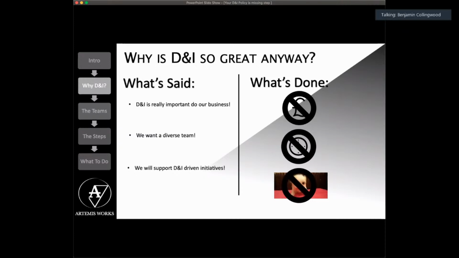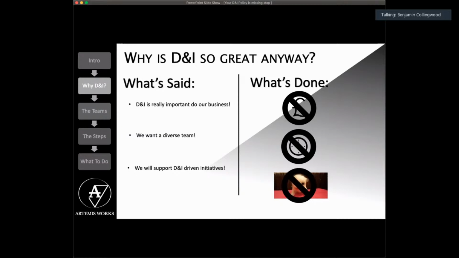So what I started to do is think about 3 or 4 projects where I found this to be the case, and there's a conflict here between the left side of this. People are saying, and I genuinely believe they were telling the truth, that they thought D&I was really important to the business.